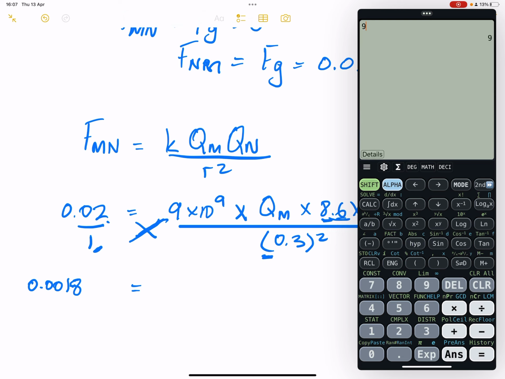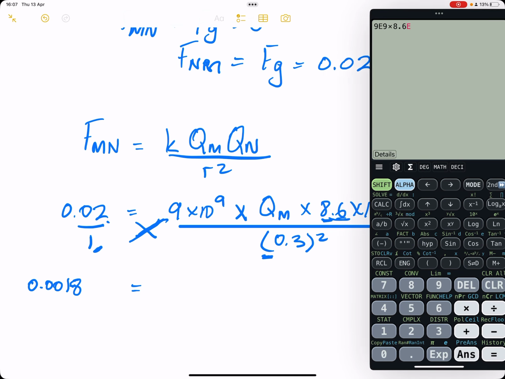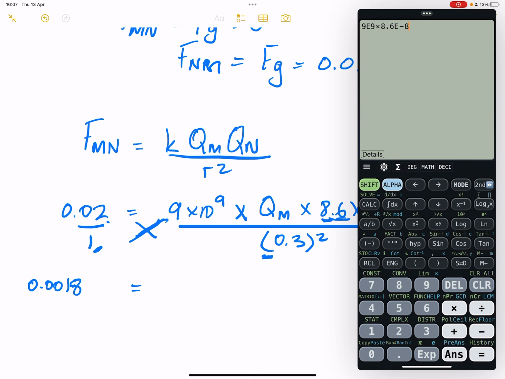So that's going to be 9 times 10 to the 9 multiplied by 8.6 times 10 to the negative 8. So I get that value there, 774. So I get 774 Qm.